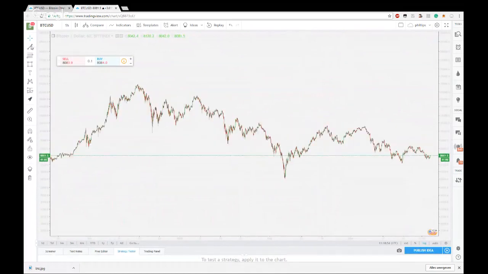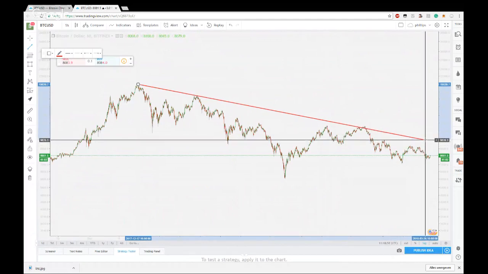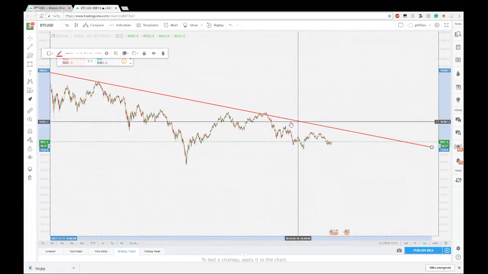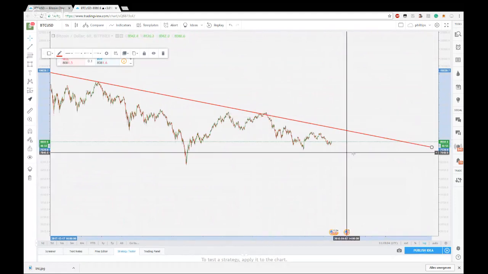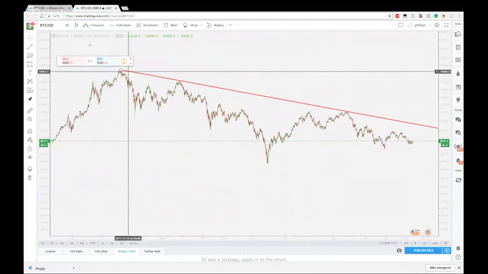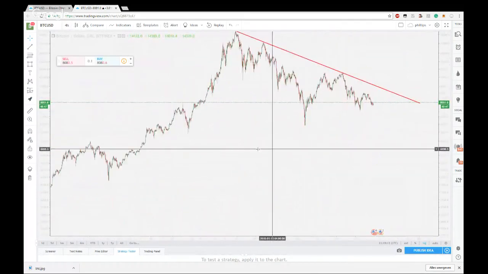So first I'm going to draw the bearish trend line, and it pretty much runs like this. As you can see, our previous attempt of breaking it was not really successful, sadly. But I didn't expect it to be successful at all.